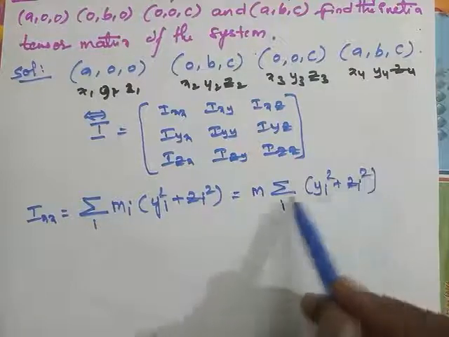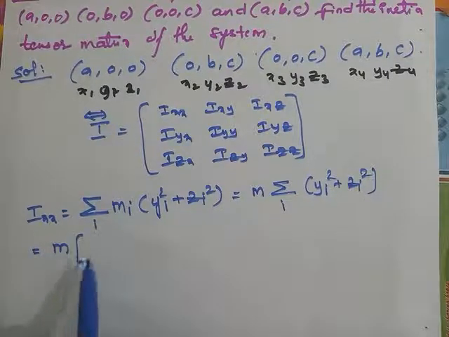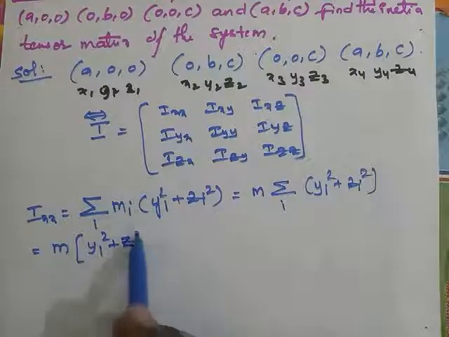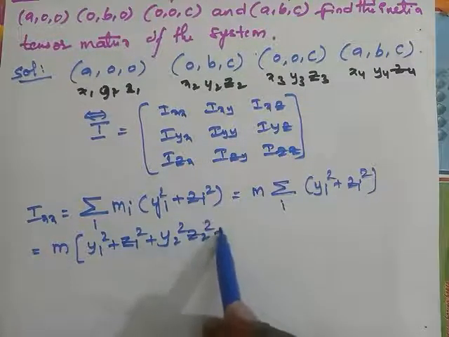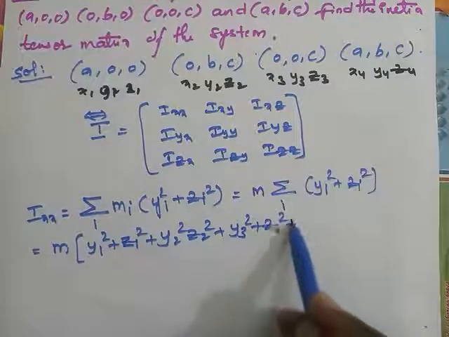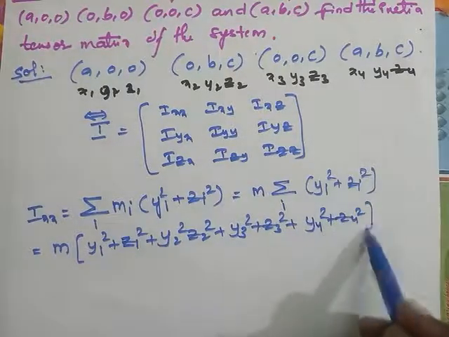Now we have to expand this summation. So what we get here, m, and expanding that function, y1 square plus z1 square plus y2 square plus z2 square plus y3 square plus z3 square plus y4 square plus z4 square.